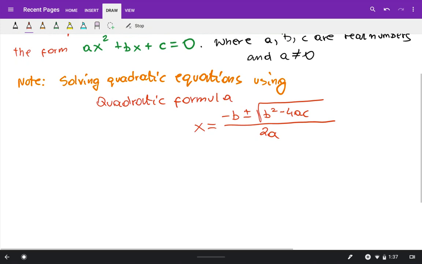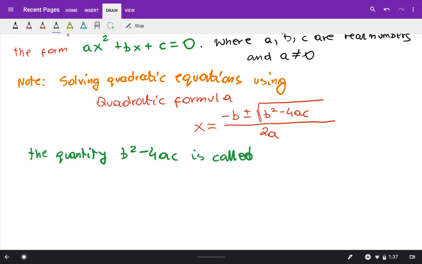Now the quantity b squared minus 4ac, which is the expression under the square root, is called the discriminant.